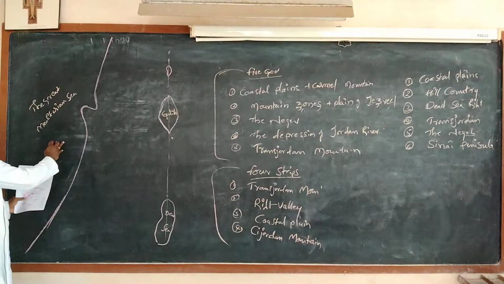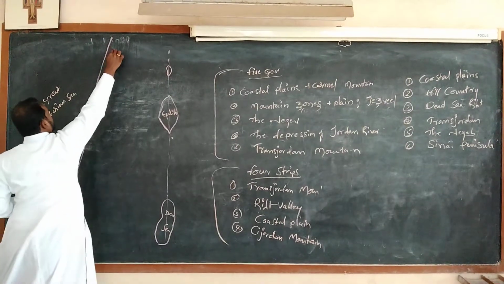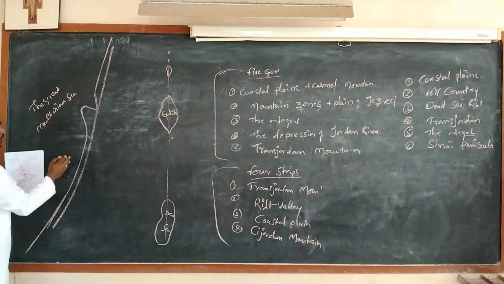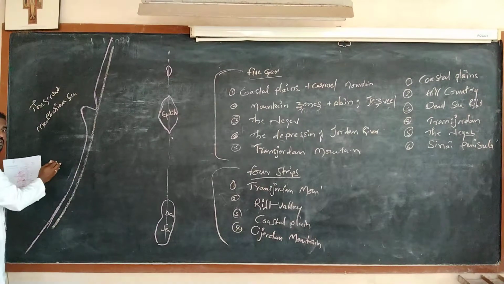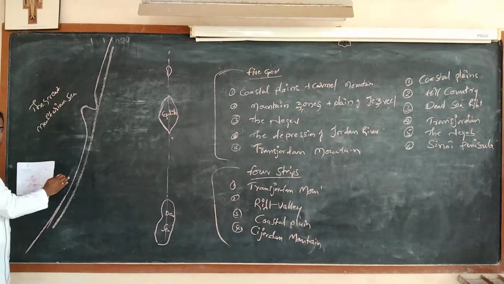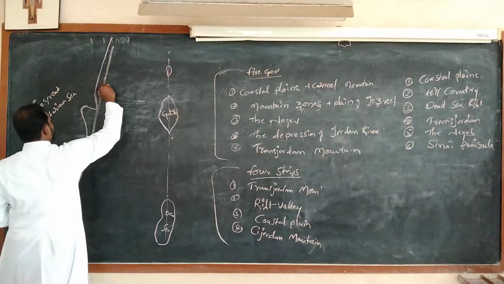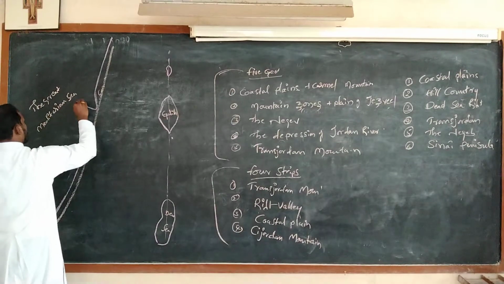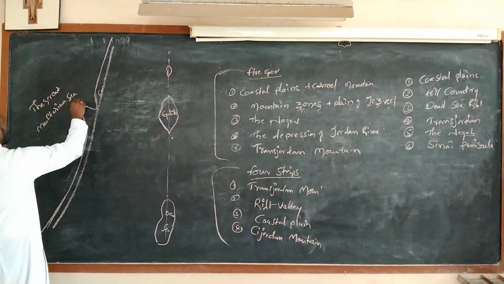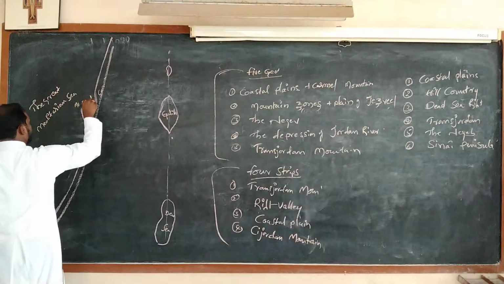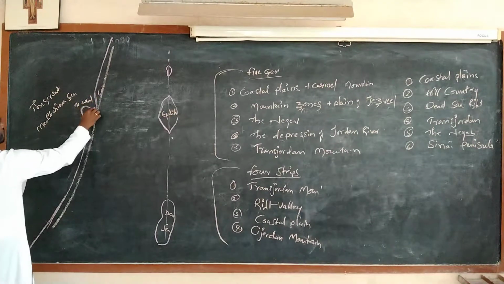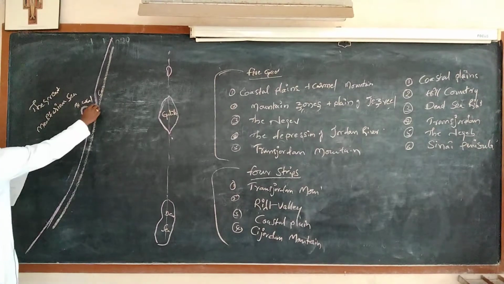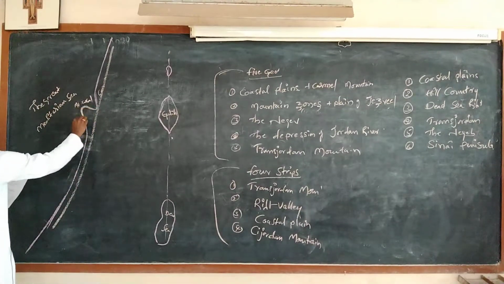This area is coastal plain because it is beside the sea. This is Mount Carmel, which interrupts the flow.